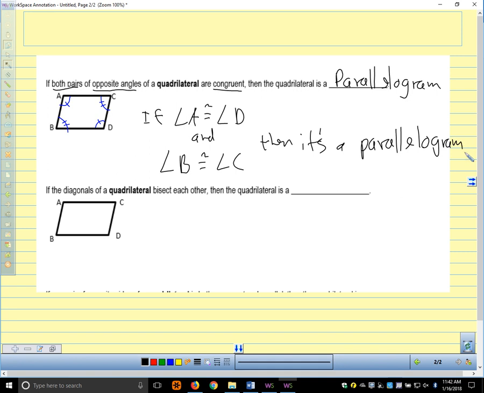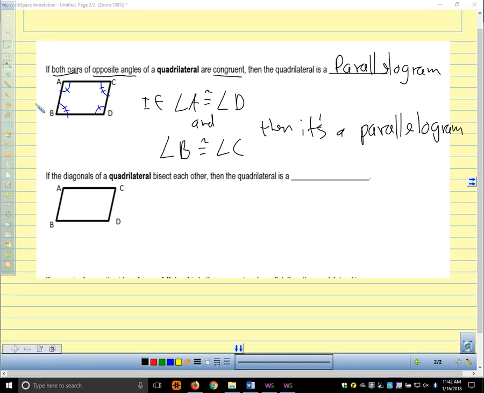So those pieces of information are enough to tell us that we have a parallelogram. The next one: if the diagonals of a quadrilateral bisect each other, then it's a parallelogram.